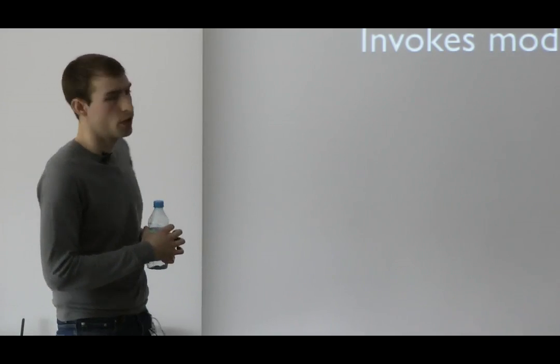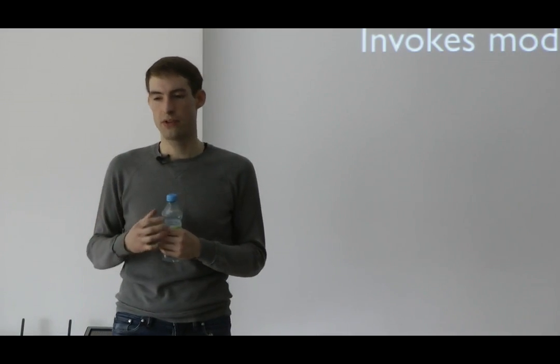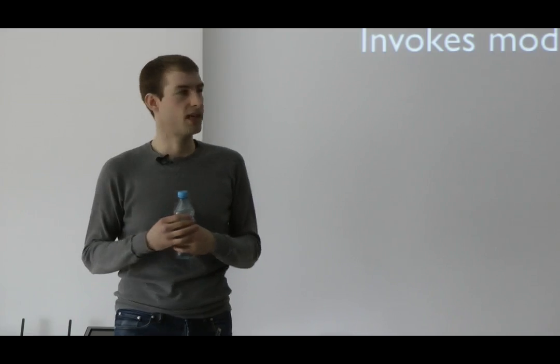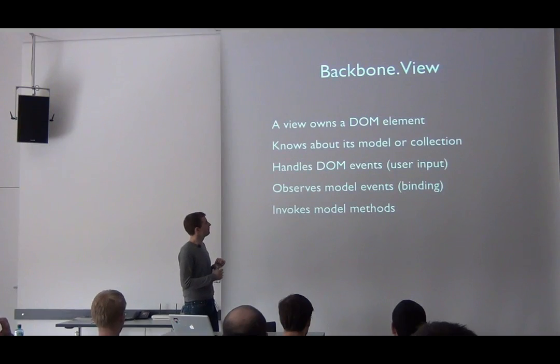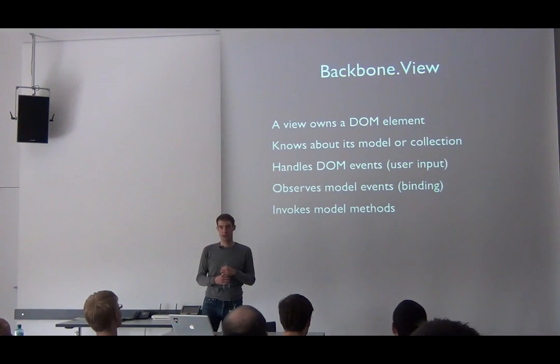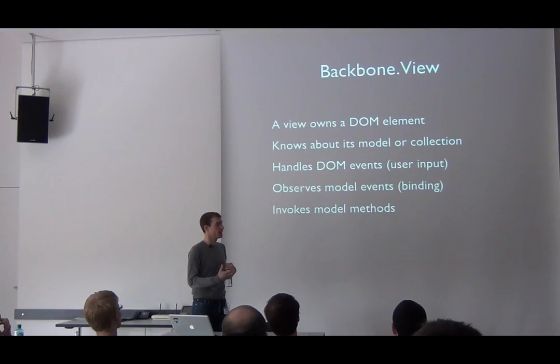So a view normally owns a DOM element, so it governs a part of your DOM. It knows about the model and collection, so it has a link to the model and might get data from it or set data.